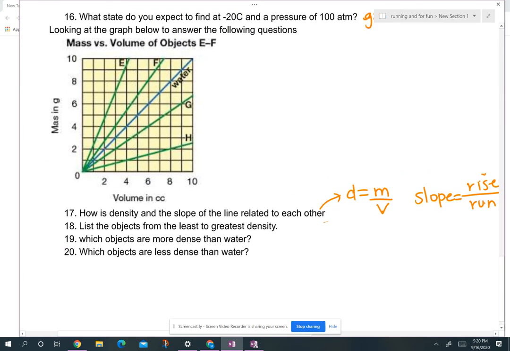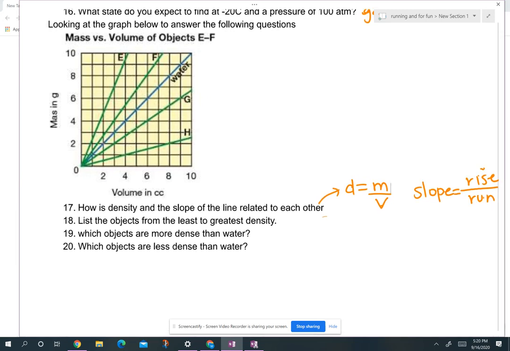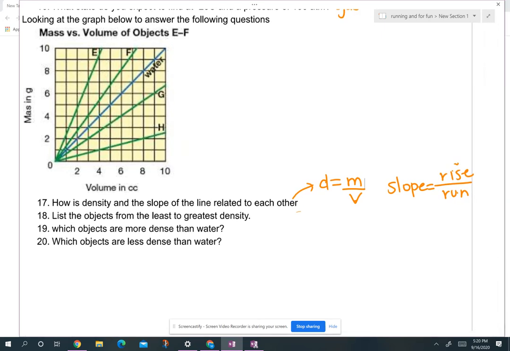So they want us to list the objects from least to greatest density, and then tell us which objects are more dense and less dense than water. We're going to look at this equation again.